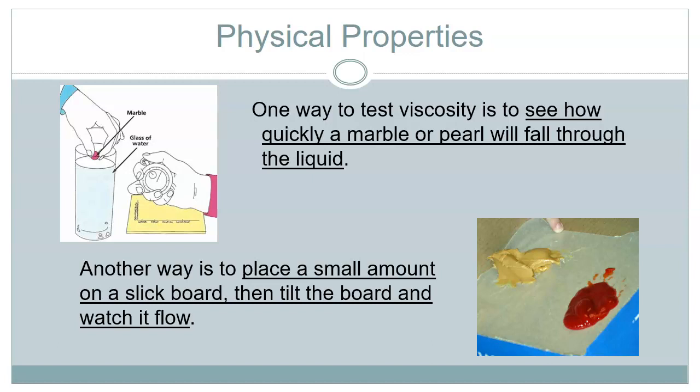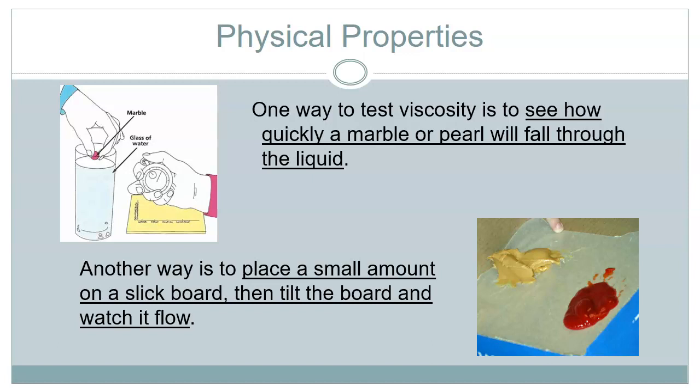We could even help determine what a substance is based on its viscosity. If we have an unknown clear substance, but it is very thick, a very viscous liquid, then we might guess that perhaps it's more likely to be, say, corn syrup than it is to be water, because water would be much less viscous.